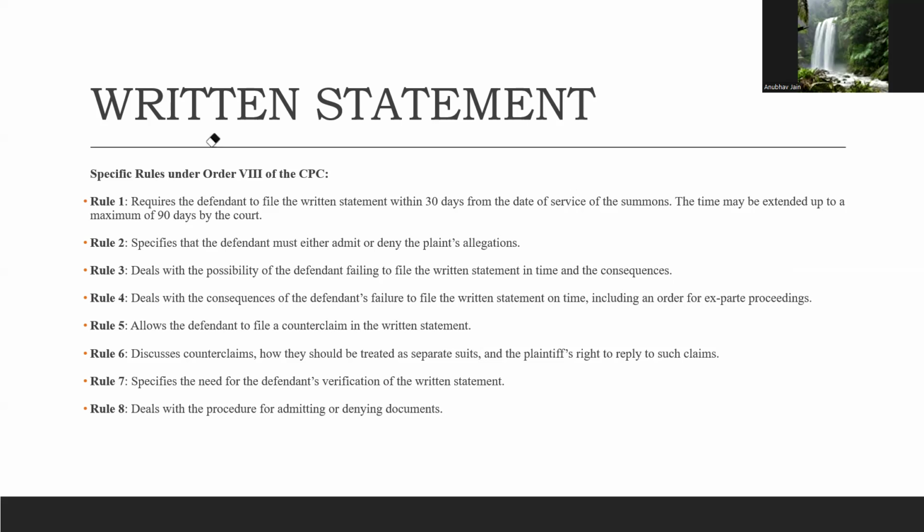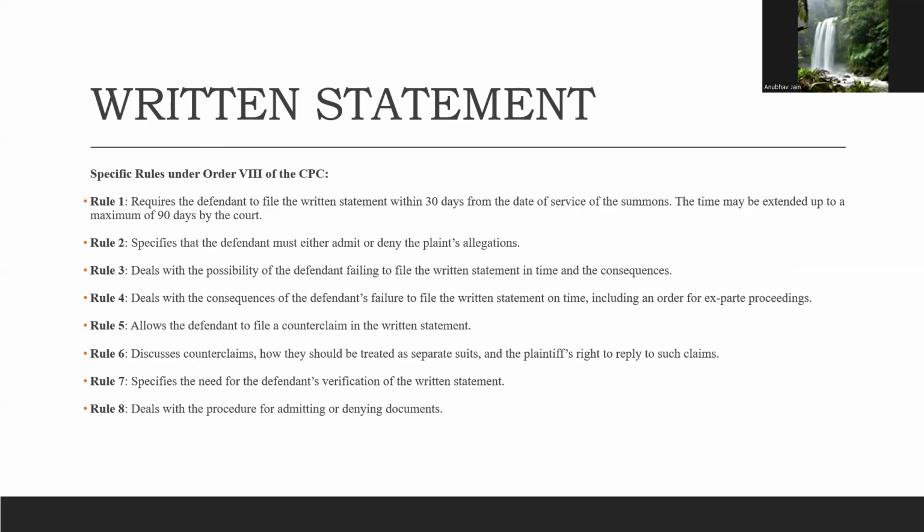But what actually happens is that the written statement is filed much later because the defendant files an interim application in between, most generally an application under Order 7 Rule 11, which is filed on the grounds that the court has no jurisdiction, it is barred by some law, or that the plaintiff has not given a copy of the plaint, or something like that.